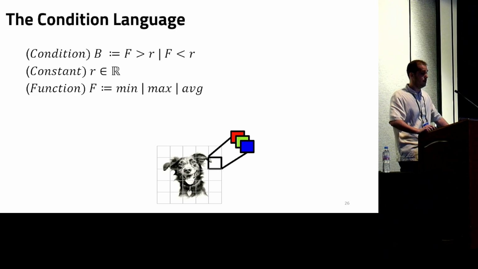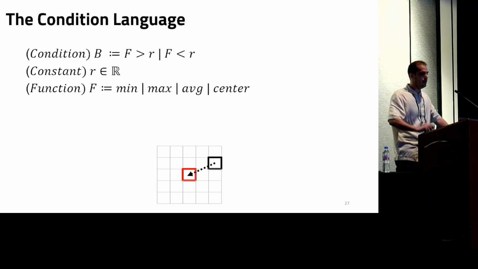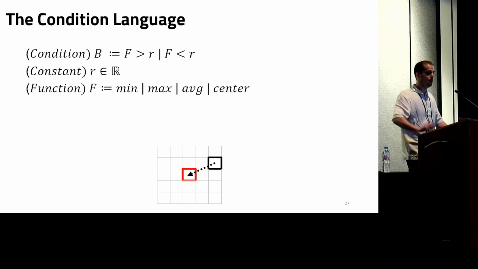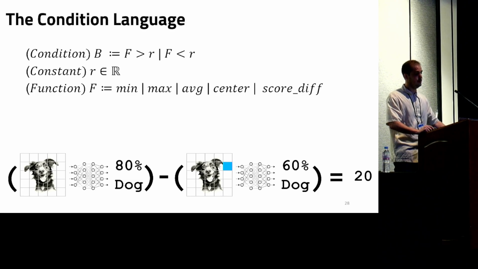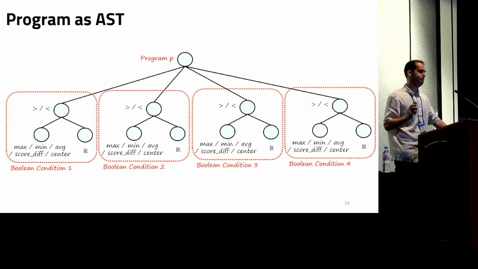For example, this kind of condition might lead to a prioritization of perturbations in the darker regions of the input image. Another option is a function that measures the distance of the perturbed pixel from the image center. Finally, a third type of function might quantify the change in the network's confidence in the correct class before and after the perturbation has been applied.